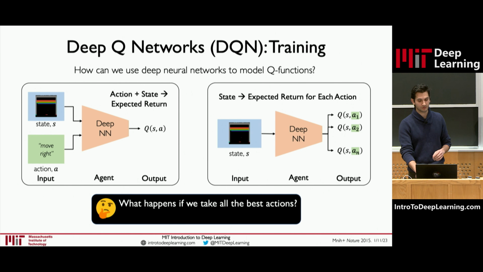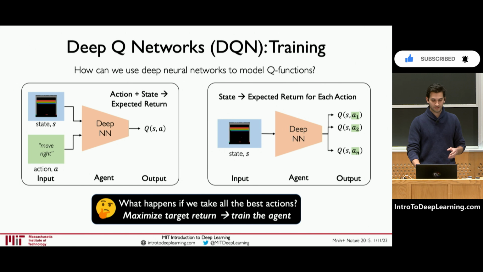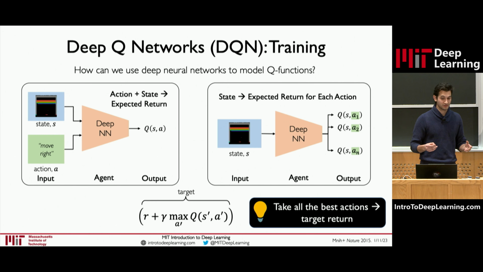This would mean that the target return, the value that we're trying to predict, is always going to be maximized. And this can serve as essentially the ground truth to the agent. To do this, we want to formulate a loss function that represents our expected return if we're able to take all of the best actions.